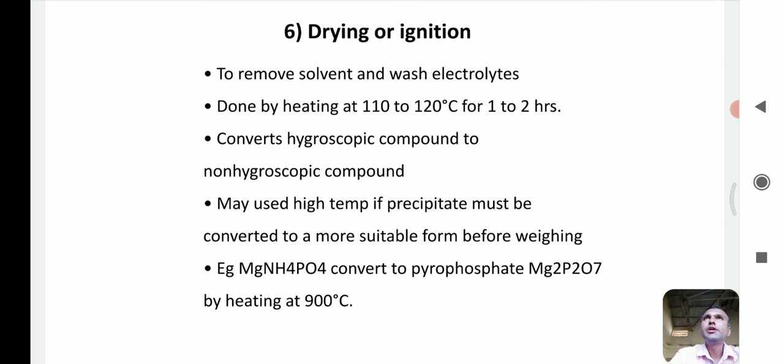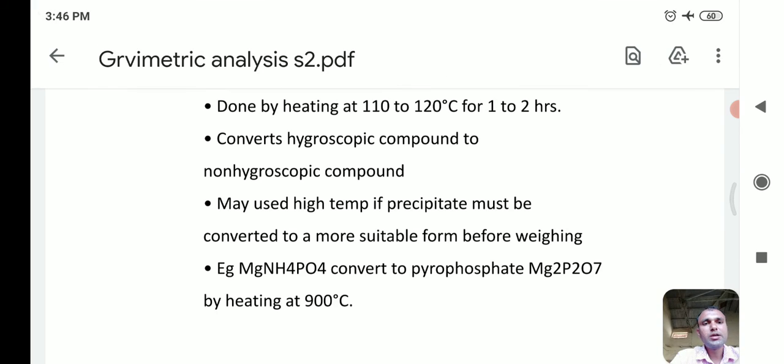For example, magnesium ammonium phosphate is converted to pyrophosphate, Mg2P2O7, by heating at 900 degrees Celsius.